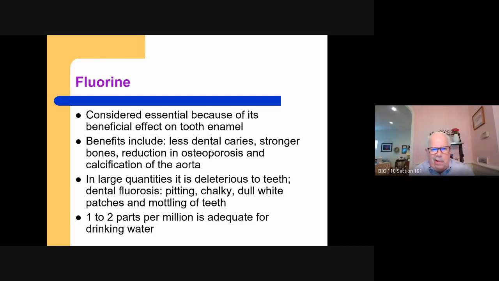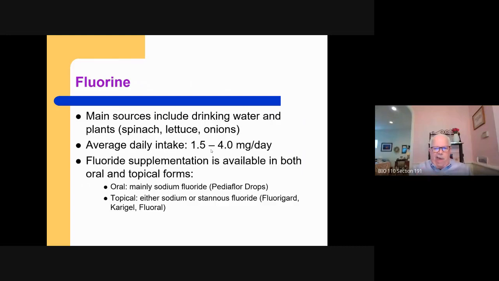It has been proven that water that has been fortified with fluorine will give you better teeth, less dental caries, stronger bones, and a reduction in osteoporosis. So this is what we add to the water supply to give you better bones and better teeth. Its major source is drinking water, but also spinach, lettuce, and onions.